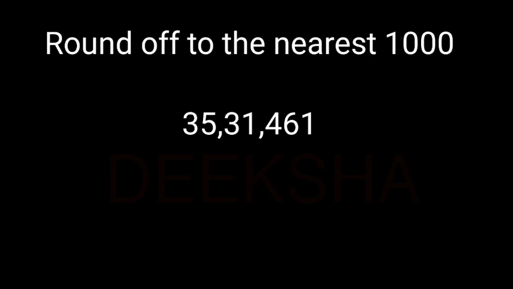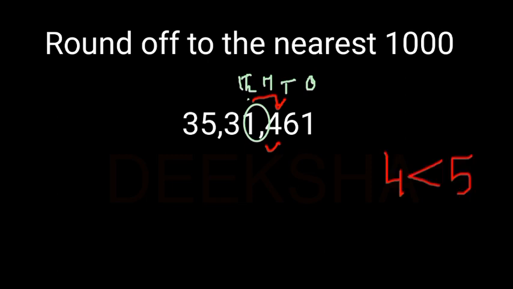Now let us look at another example. If we want to round off 35,31,461 to the nearest thousand. First of all, look at the digit to the right of the thousand place, which is 4 here. And as you know, 4 is less than 5.